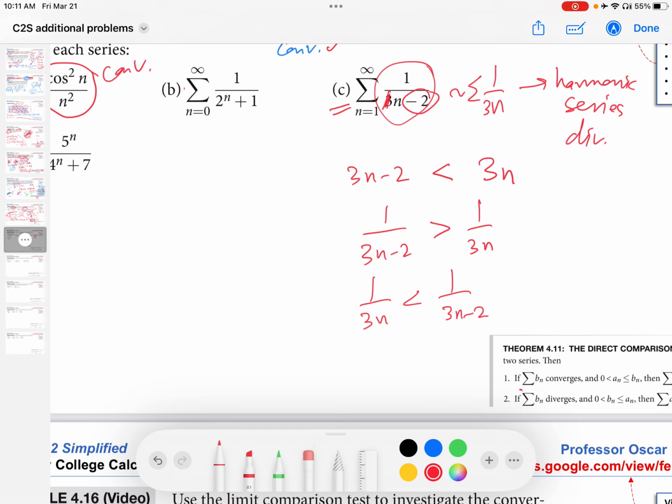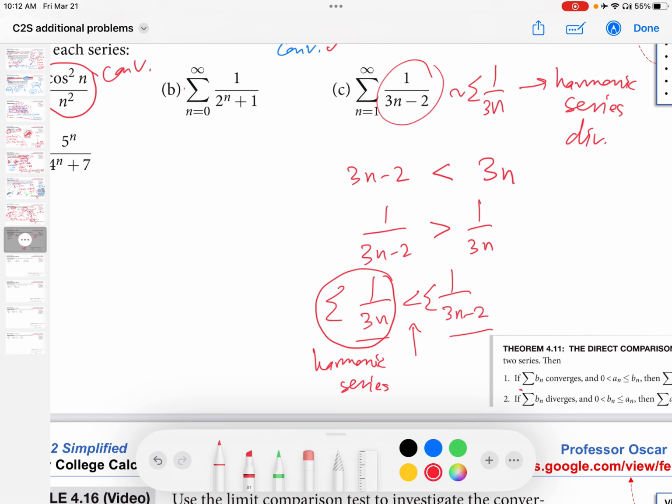Okay, so now on the left-hand side, I have something that's smaller than the thing involved in our series up here. If I look at the sums, this sum is basically a harmonic series. It's 1/3 of a harmonic series. So that diverges.